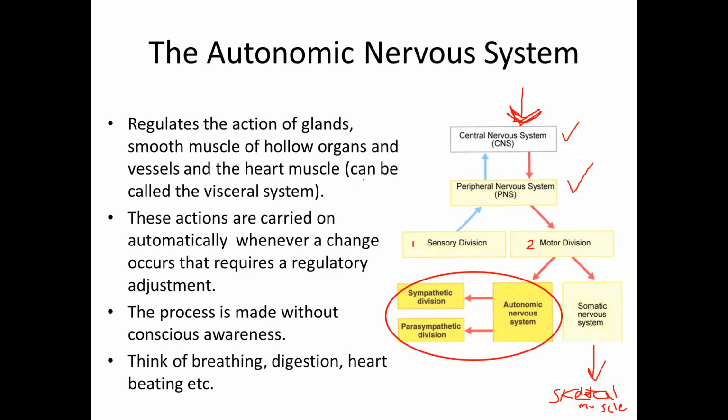Now, collectively, we also can call this system the visceral system, because it is largely what drives your viscera, or internal organs. Now, the thing about the autonomic nervous system is that this is an automatic system, and it's one that's made without conscious awareness.